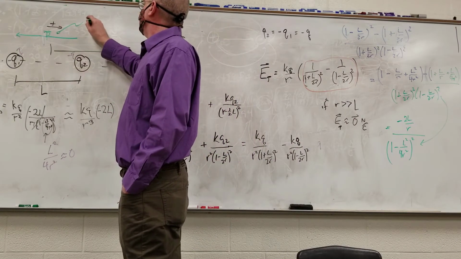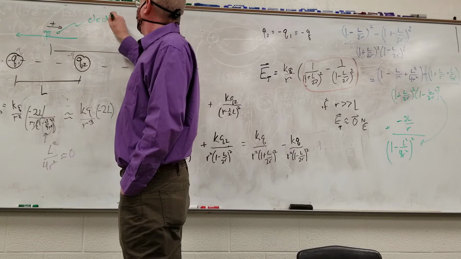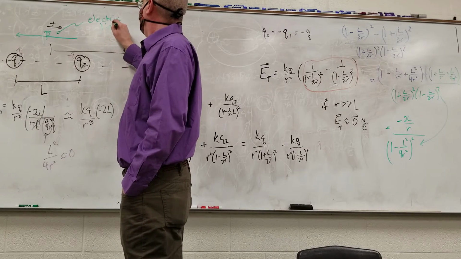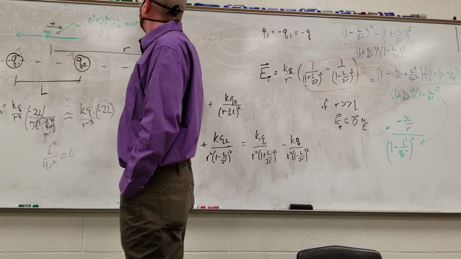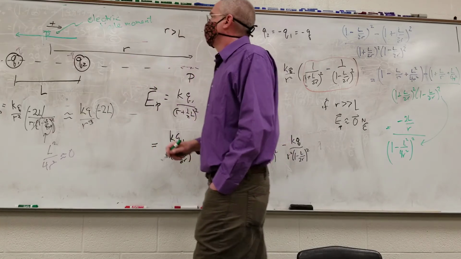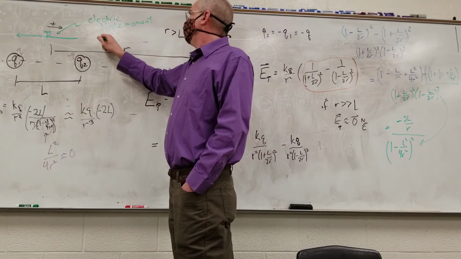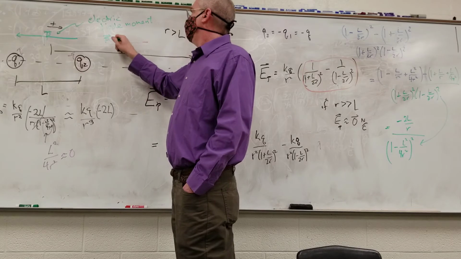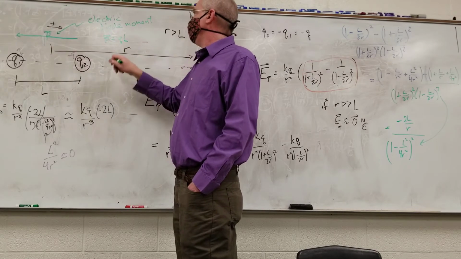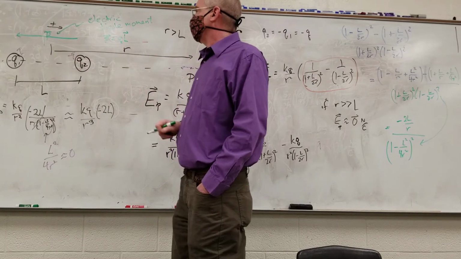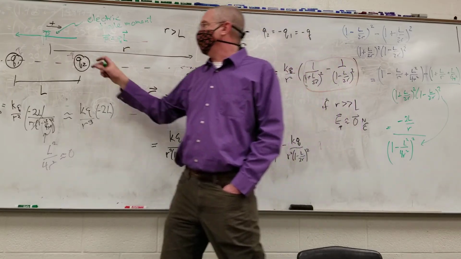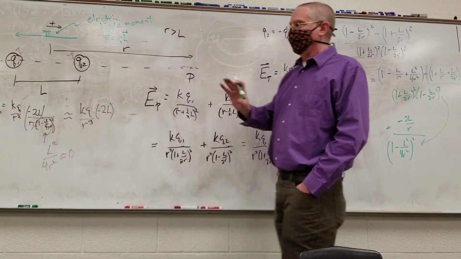This is the electric dipole moment. It is equal to Q times the distance between them, and I'm going to put a little vector symbol over the L. It is from the negative to the positive charge, however you want to notate that.